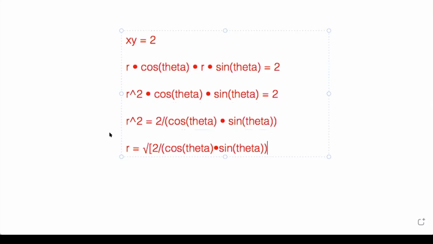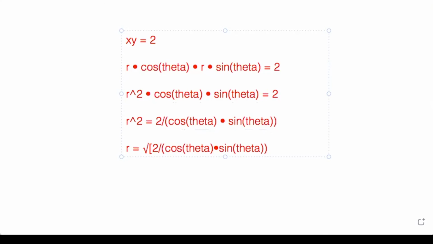Wait, sorry, can you explain how you went from the xy equals 2 to the first line, or to the second line? How I went from the first line to the second line. Like how you got r times cosine theta, that one. You mean from here to here? Yeah. Okay.